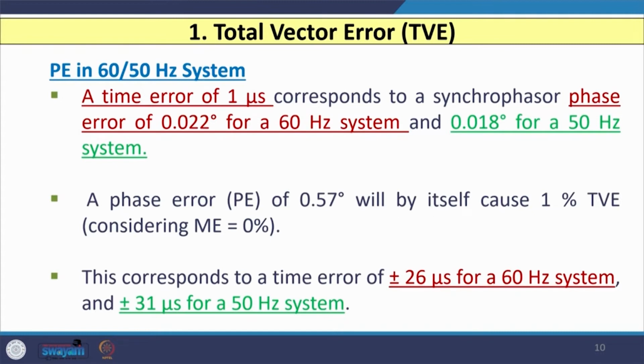So, a phase error of 0.57 degree will itself cause 1% total vector error, assuming that magnitude error is 0%. This will correspond to the time error of plus or minus 26 microsecond for 60 hertz system and 31 microsecond for 50 hertz system. So, this you can consider in the calculation.